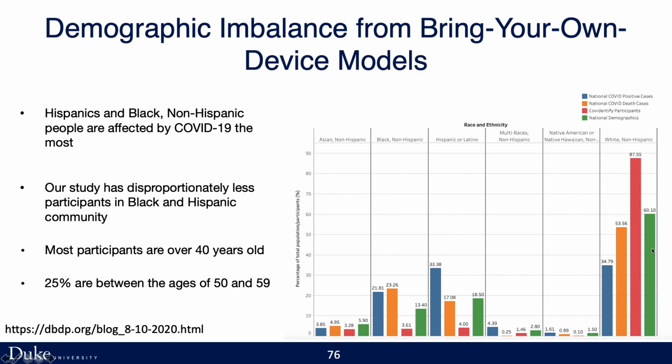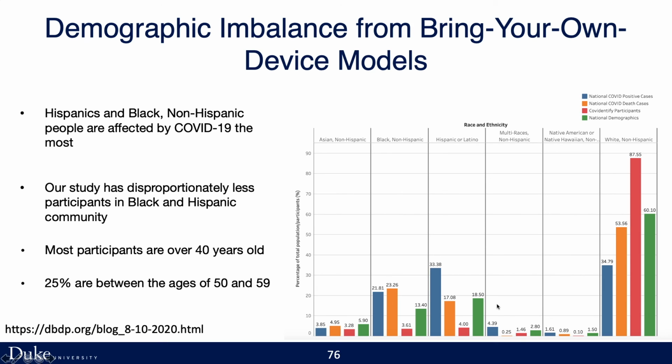And so what stands out, and this has been true from the start, so this data is from back in August, but since the start of the pandemic, we've seen that COVID-19 is disproportionately affecting people from Black and Hispanic communities, and that the proportion of COVID-19 cases and deaths is higher in these communities than their national demographics are.